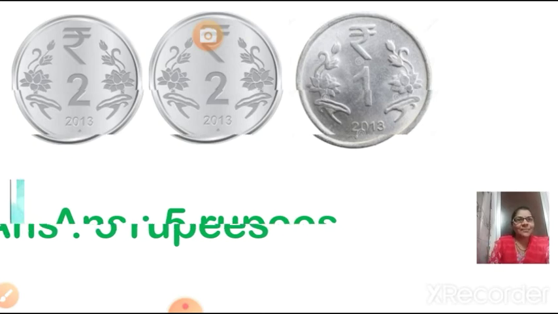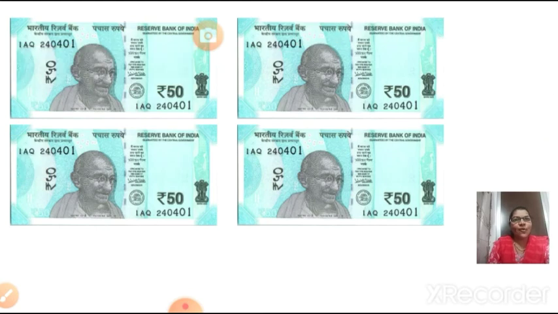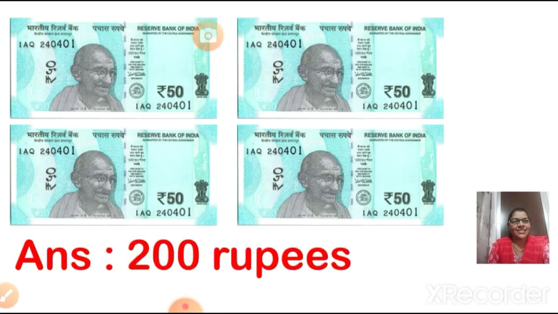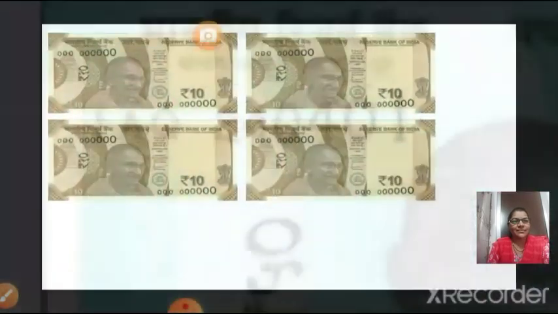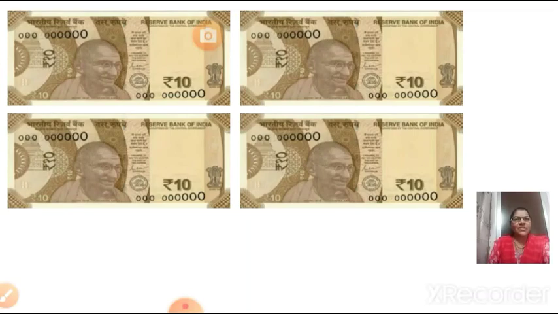Let's see another example. Here we have 4 notes of 50 rupees. It means you can solve by mentally counting. For example, 50 into 4, or 50 added 4 times. How many rupees will you have altogether? Yes, 200 rupees. Now see this picture. Which note is this, children?